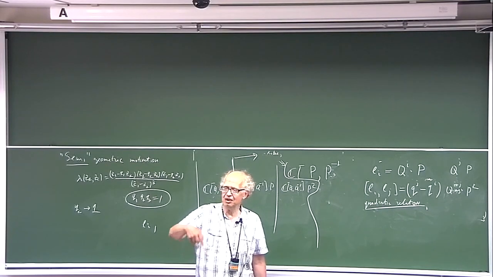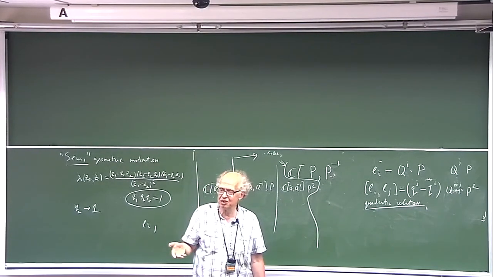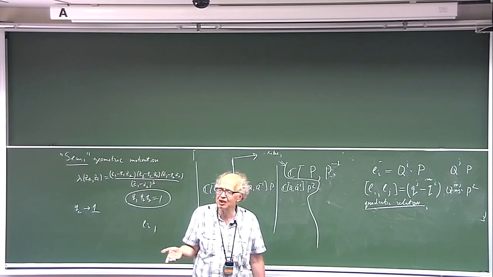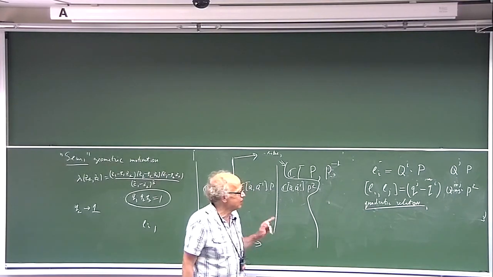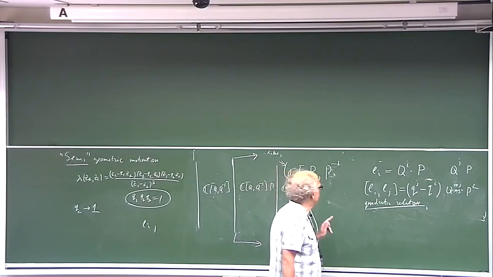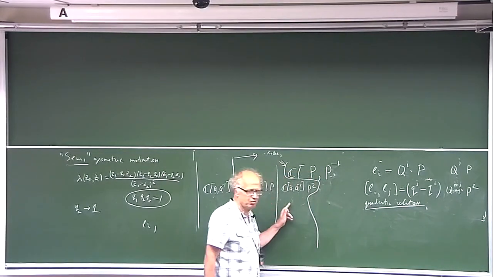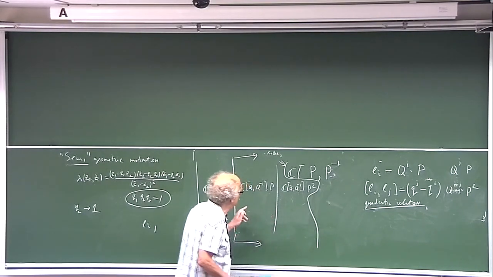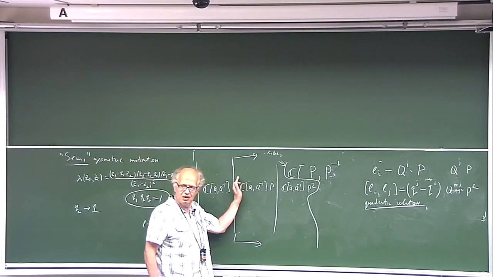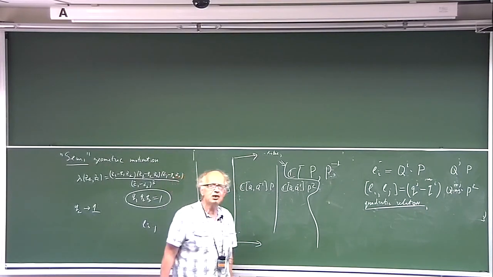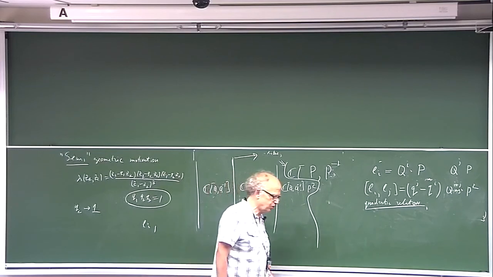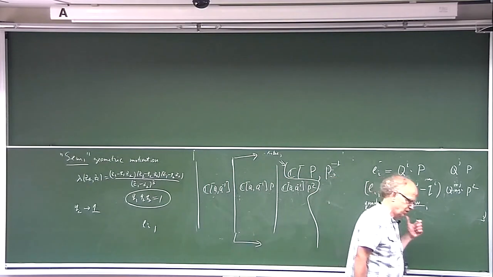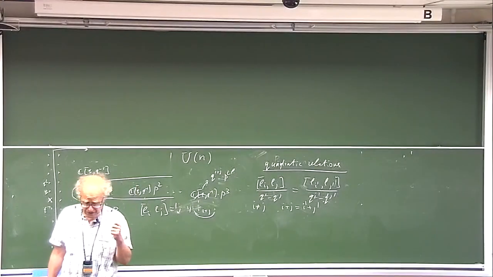Then the relations will go to some relations, also quadratic and cubic, and they coincide with the quadratic and cubic relations for this algebra. So I have the universal enveloping algebra of this Lie algebra, which starts with this. And as I said, this algebra satisfies quadratic and cubic relations, and we can get the quadratic and cubic relations just by such a limit.